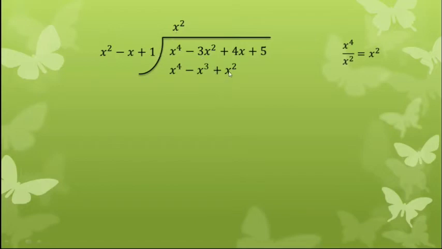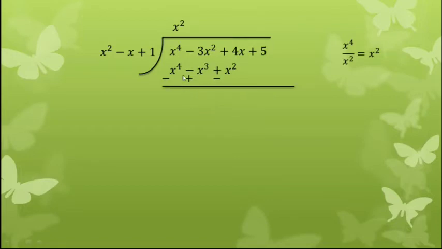How will we change it? See here, it is written x to power 4 in the second step. So which symbol is before x to power 4? It is plus, because it is a hidden symbol. If any symbol is not given before a term, we consider it plus. Okay, so opposite of plus is minus, and before x cube minus is given, so it becomes plus, and before x square plus is given, so it becomes minus.